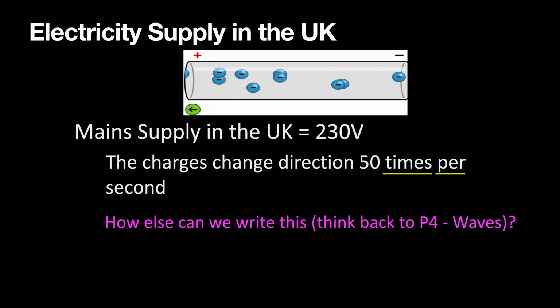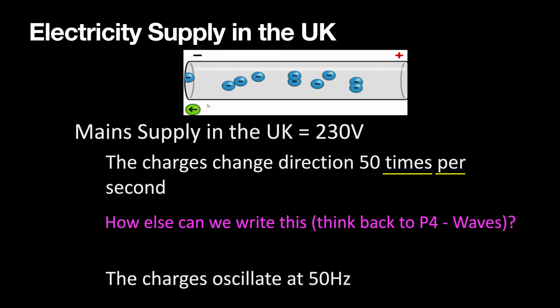Thinking back to our lessons on waves, 50 times per second, how else could we write that? So the charges actually oscillate at 50 Hertz, or the electrons in our mains supply, in our houses and in the street, change direction at a frequency of 50 times per second, a frequency of 50 Hertz.